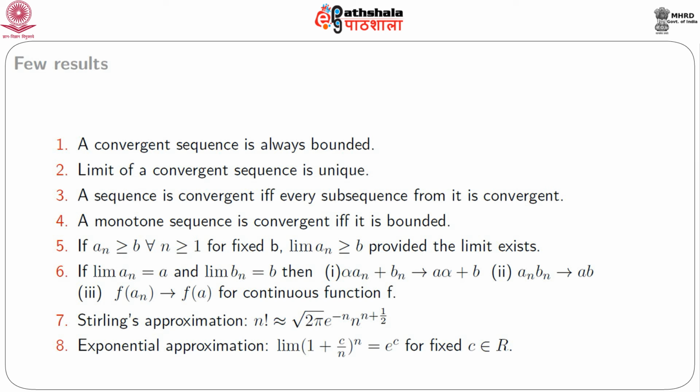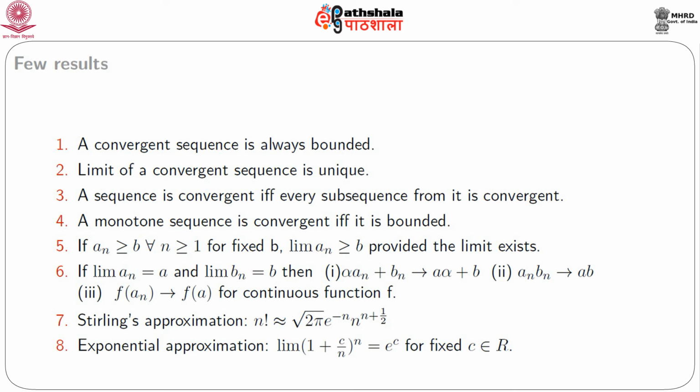A monotone sequence is convergent if and only if it is bounded. This is the well-known monotone convergence theorem for sequences. And there are some other relations, like if a sequence a_n exceeds some constant b for every n, then if the limit exists, the limit of a_n must also exceed this b.